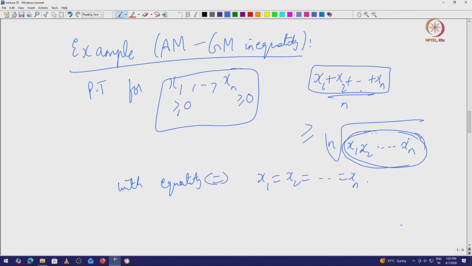It might seem like it's a lot of work, and you may have seen simpler proofs of this inequality, but the point is Lagrange's multipliers gives you a systematic way of proving many such inequalities, right?